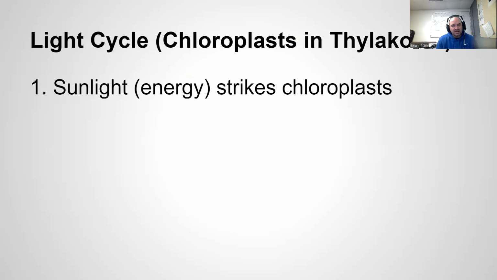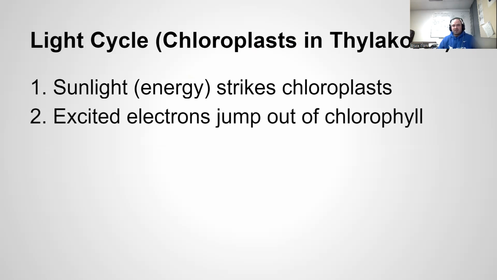In the light cycle, sunlight, which is energy, strikes the chloroplast. That is step one. Sunlight hits chloroplast. Step two, that energy excites the electrons that are in there. We've talked about electrons being essentially energy as they're moving around. And so those electrons get excited by that extra energy and they move out of that chlorophyll.